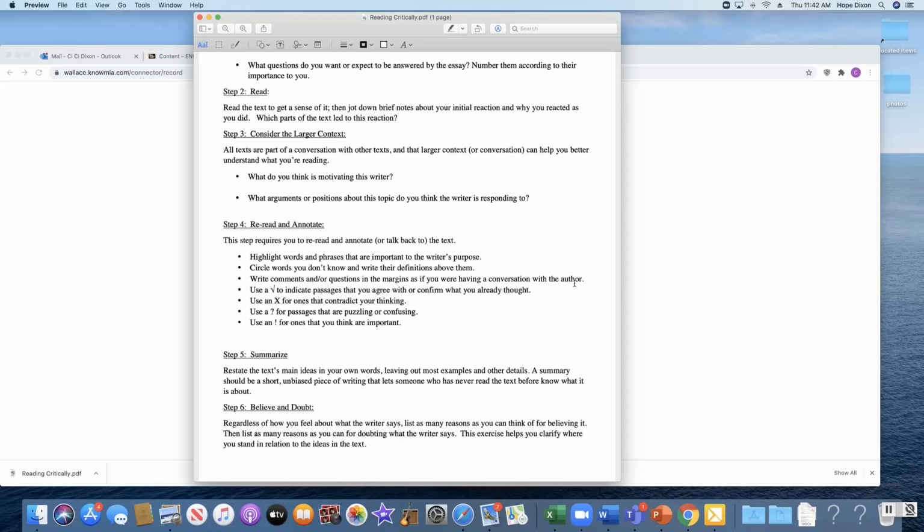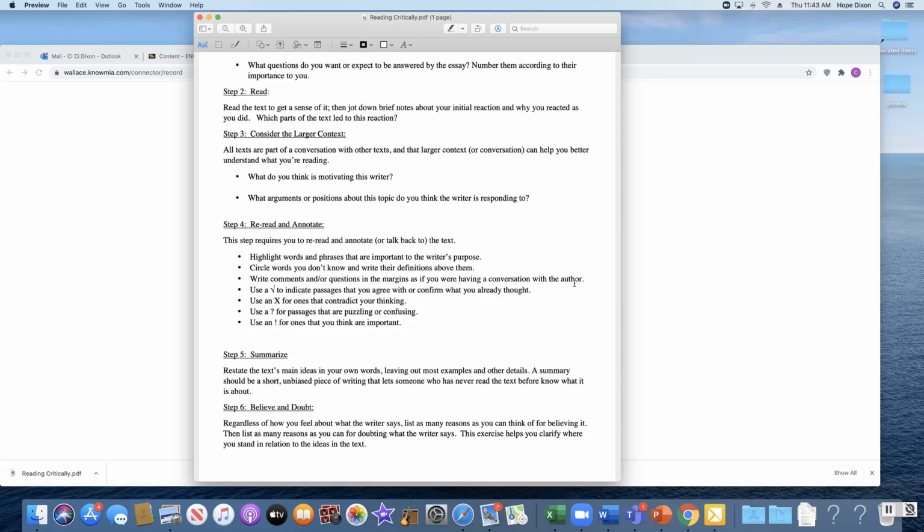Finally, to finish this pre-reading process, once you've written your summary, I want you to play what's called a believe and doubt game. And regardless of how you feel about what the writer says, I want you to list as many reasons as you can think of for agreeing or believing the person, and then as many reasons as you can for doubting or disagreeing with what the writer says.